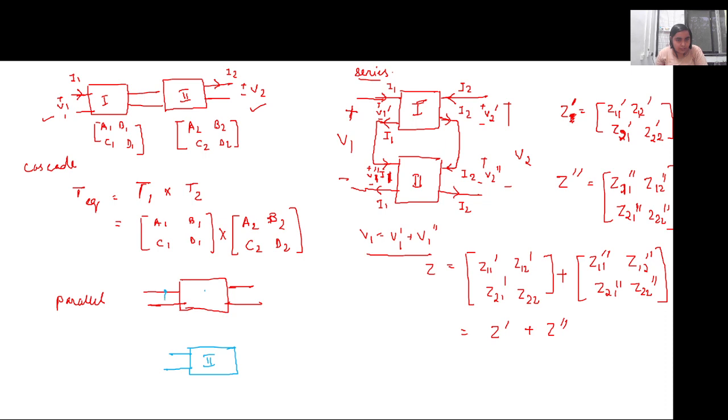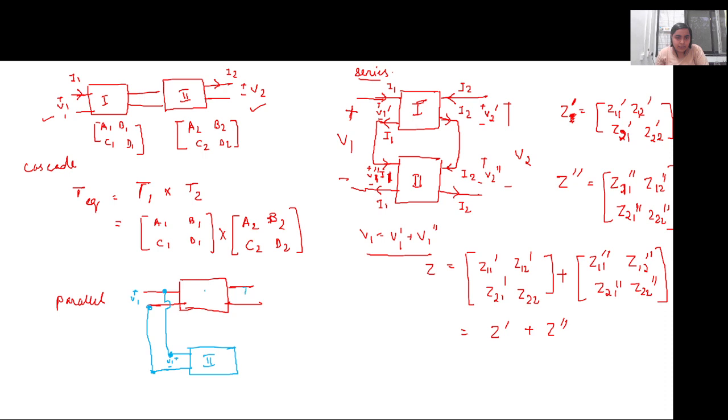So the voltage has to be the same. If this was V1, this also has to be V1, right? So you see, this point should be connected to this point, and this point should be connected to the other point, so that the voltage remains the same.